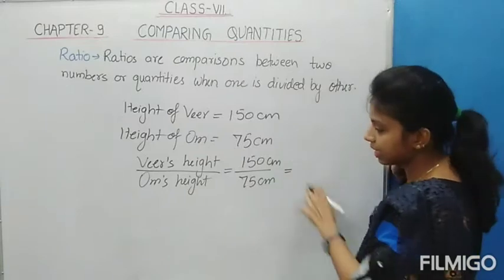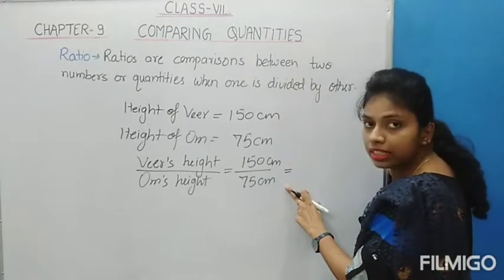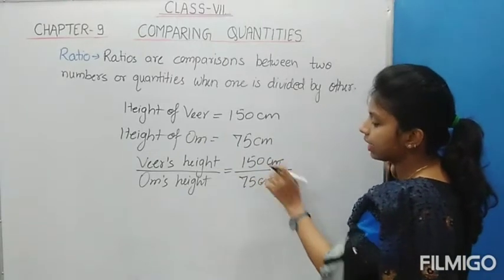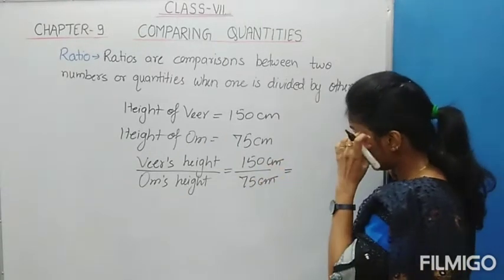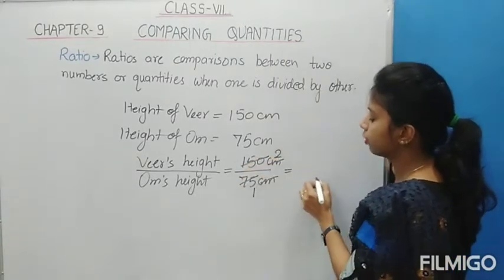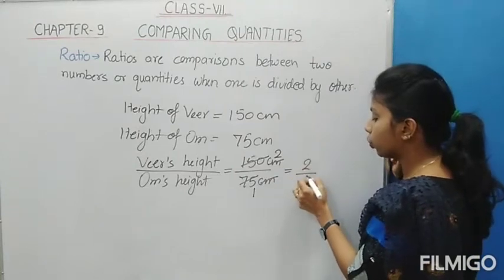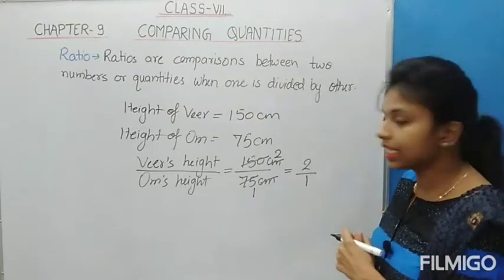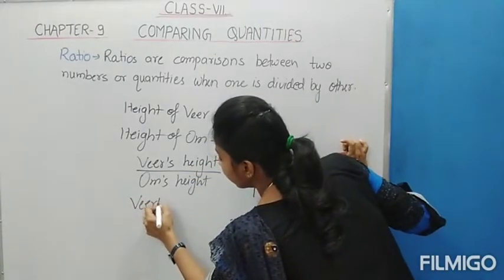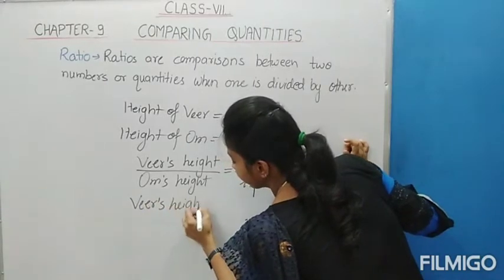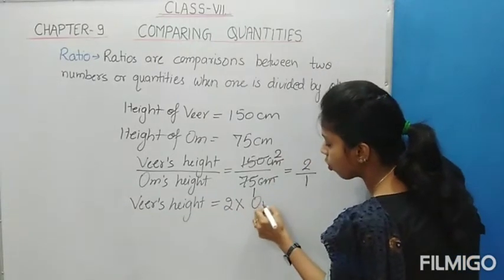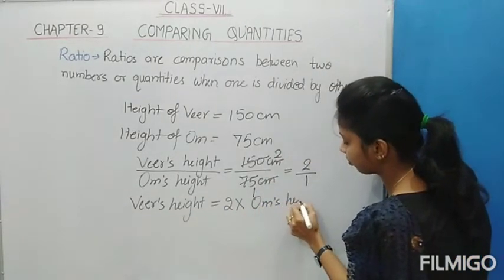Both are in the same unit, centimeter, so it can be cancelled. Let's simplify: 75 once is 75, 75 twice is 150. So we get 2 divided by 1. So we can say that Veer's height is 2 times Om's height.